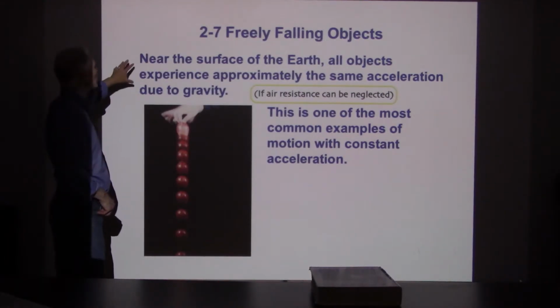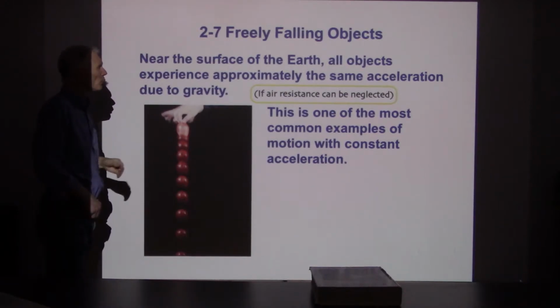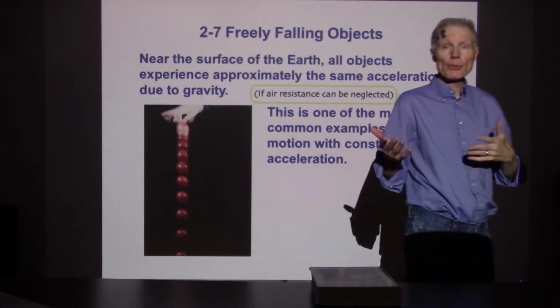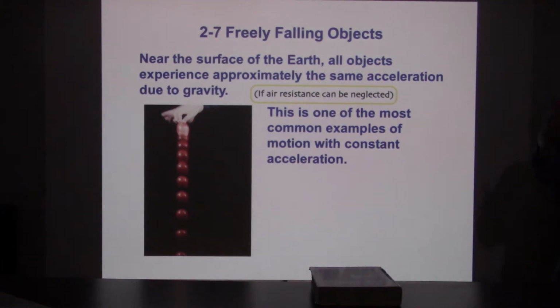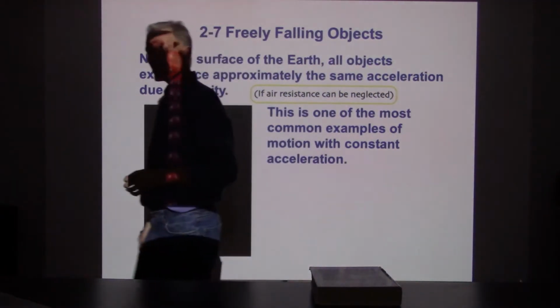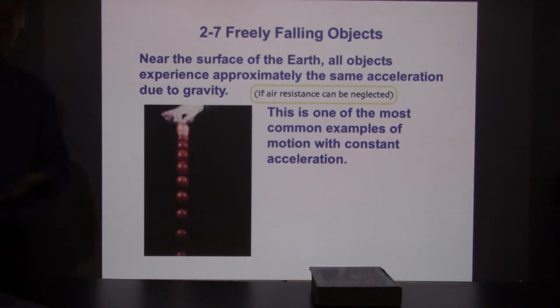So near the surface of the Earth, as you get closer to the Earth, the gravitational field creates a larger force and a larger acceleration on objects. But for an object that's being dropped over a short distance, we can treat that gravitational field as if it's uniform and constant. Okay, so it's a bit of an approximation, but over short distances, that's going to work fine.